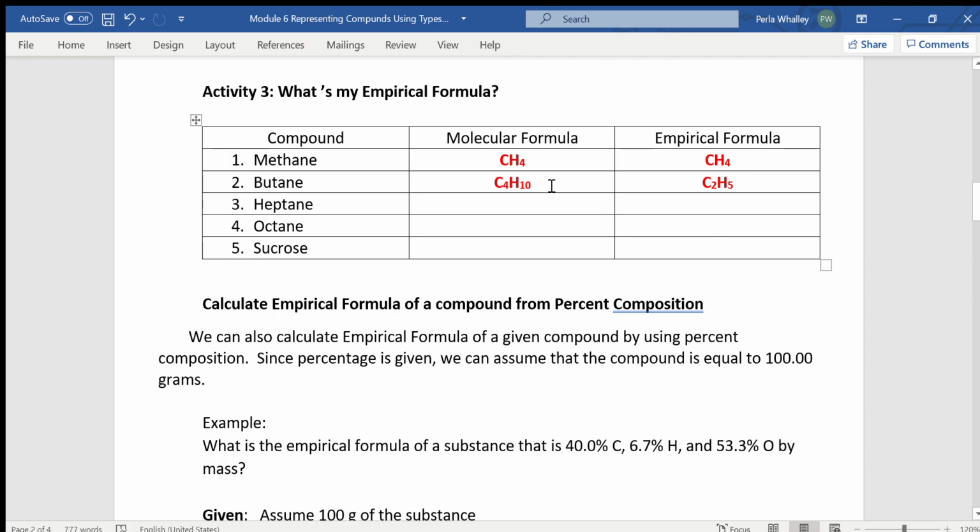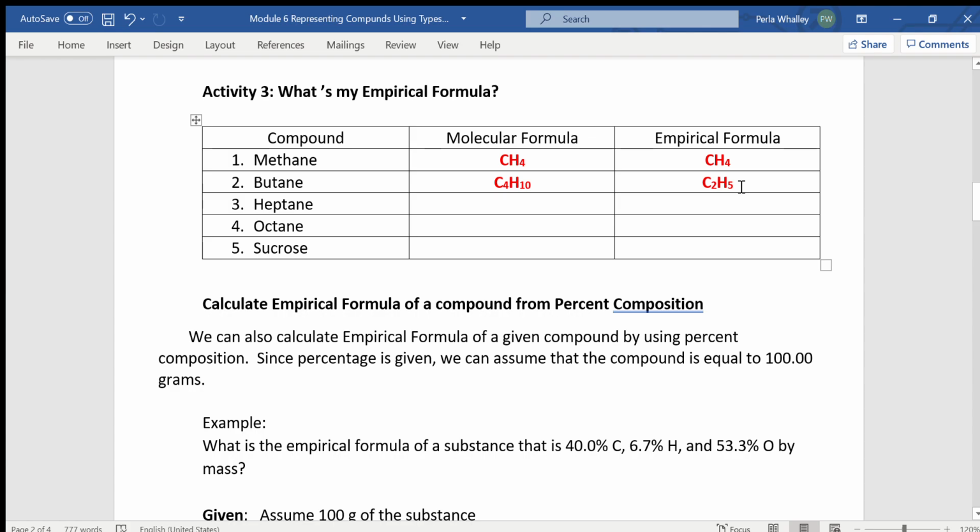For butane, C4H10, is there a common factor? Yes, you're right, it's number 2. So we divide the subscripts by 2. So that would be C2, because 4 divided by 2 is 2, and H5, because 10 divided by 2 is 5.